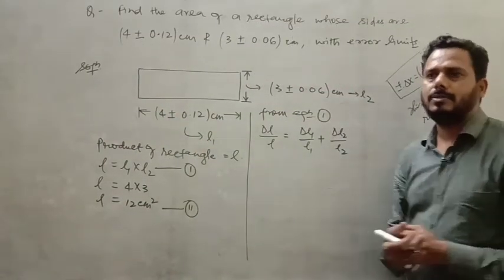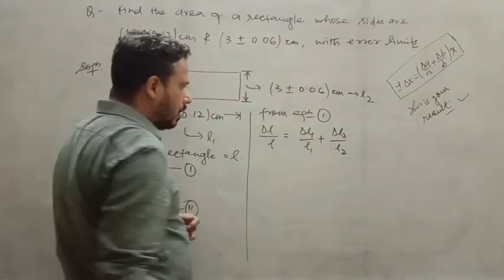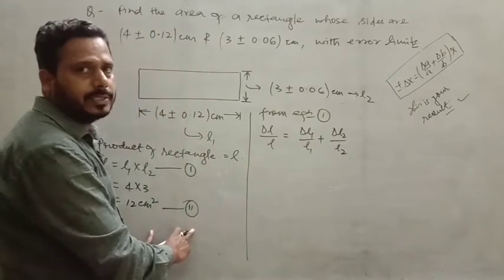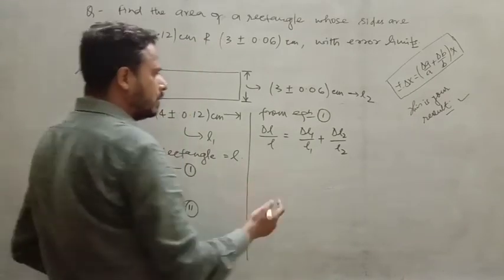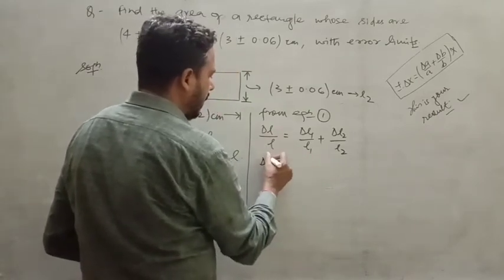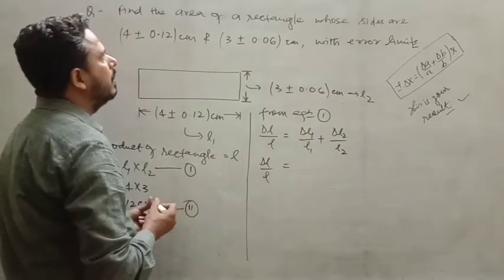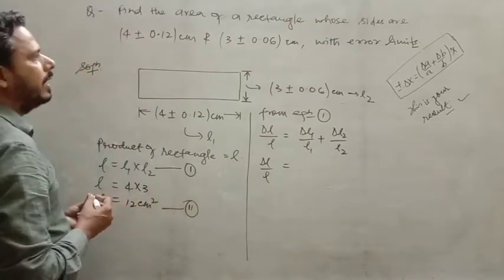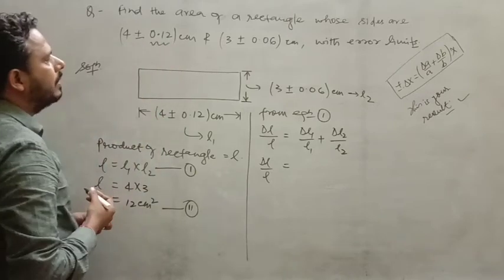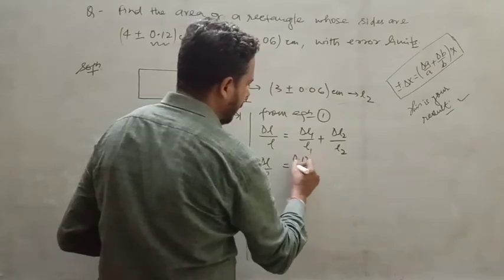So already you have calculated L, this one is 12 square centimeter. So there is no issue. Now simply, in delta L by L, put the value of L1. Delta L1 is the absolute error of the first measurement, so this one is 0.12 centimeter divided by L1.